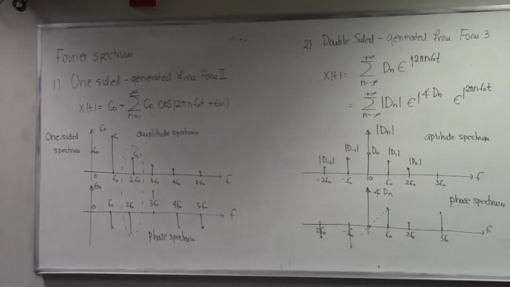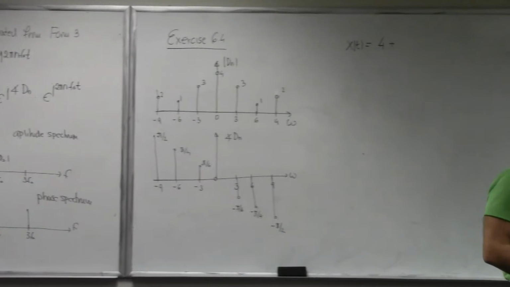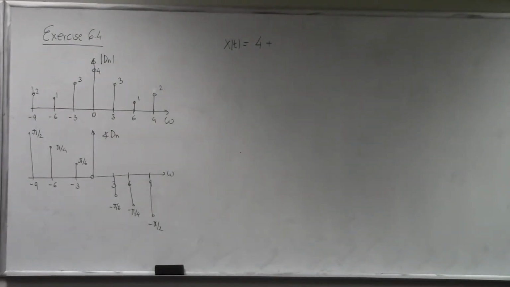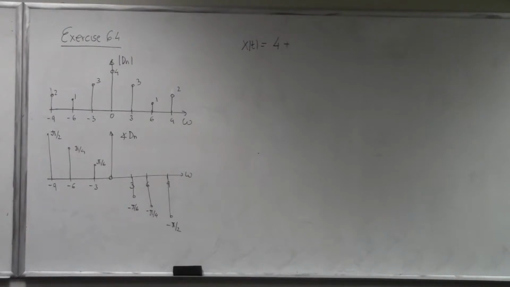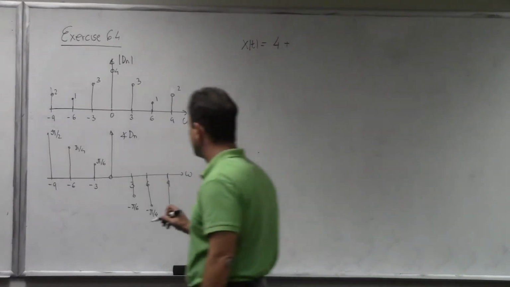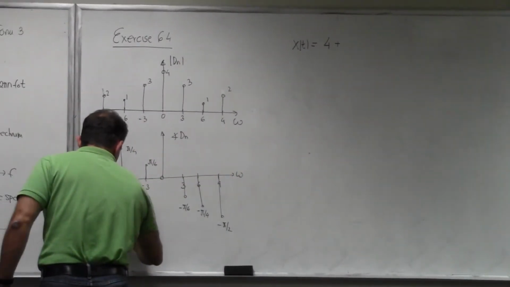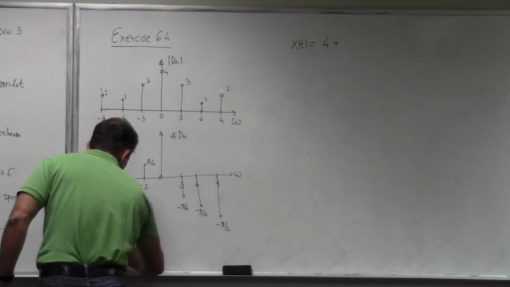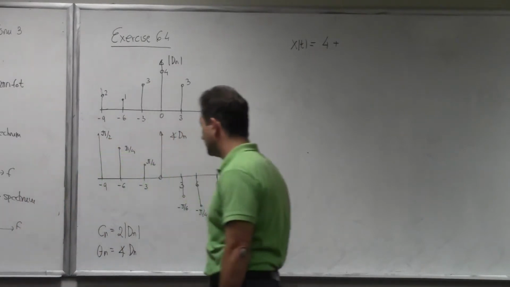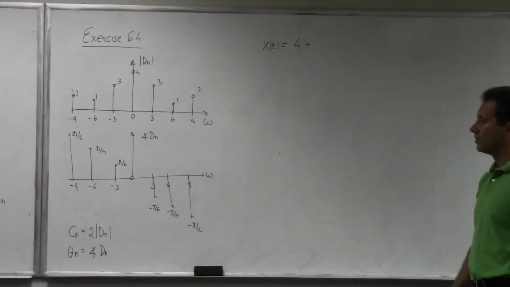Well, in the last lecture I went through and gave you the conversion formulas between different forms, and there you find that Cn is, let me see if I can point you, okay, that's on page 87. Following the relationship, Cn is 2 times the magnitude of Dn, and theta n is the same as the angle of Dn. All right, so these are the conversion formulas.